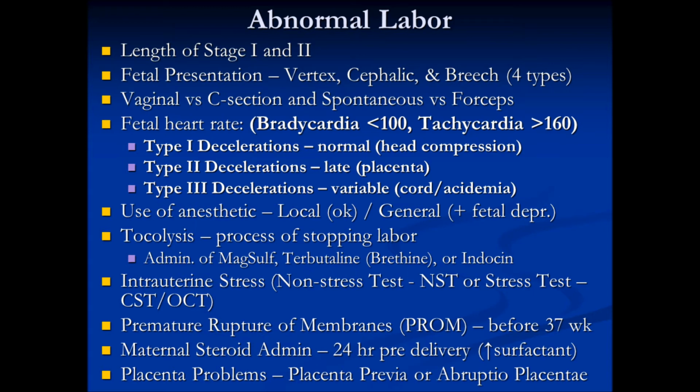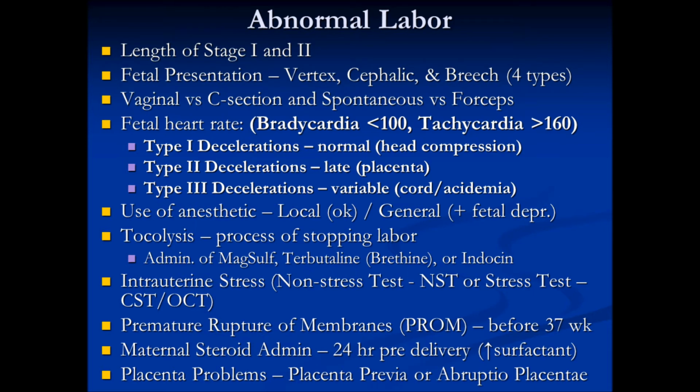And frank breech is where the baby is showing their backside, not their buttocks. So lower back is what will be showing there. For face, obviously it is the face that is presenting instead of the head.